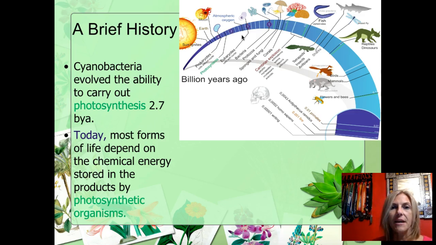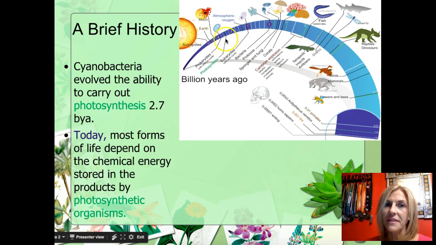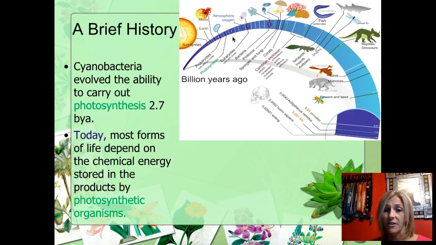So at some point between these two, we had photosynthesizing bacteria that started creating oxygen. And once the oxygen started accumulating in the air, it would have become toxic to those bacteria that had not evolved the ability to use oxygen. So they would have started to die off and everything would have been shifting.